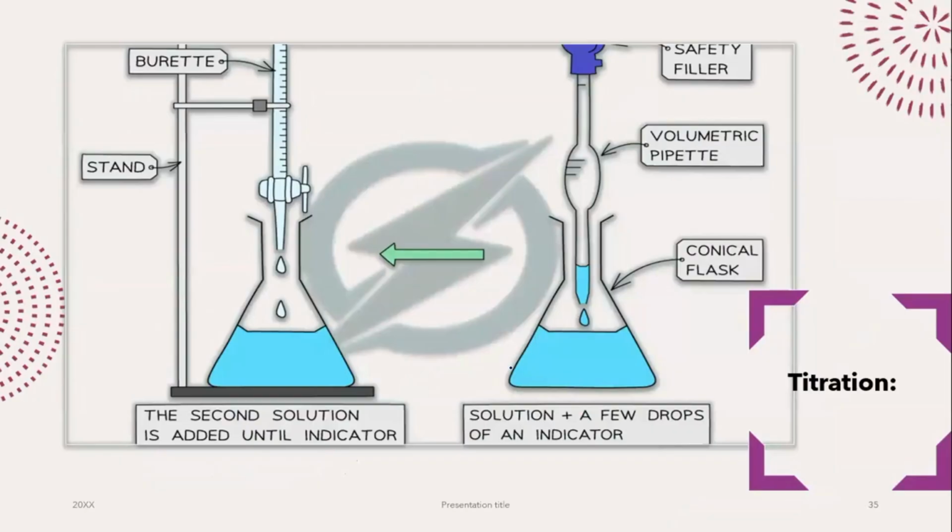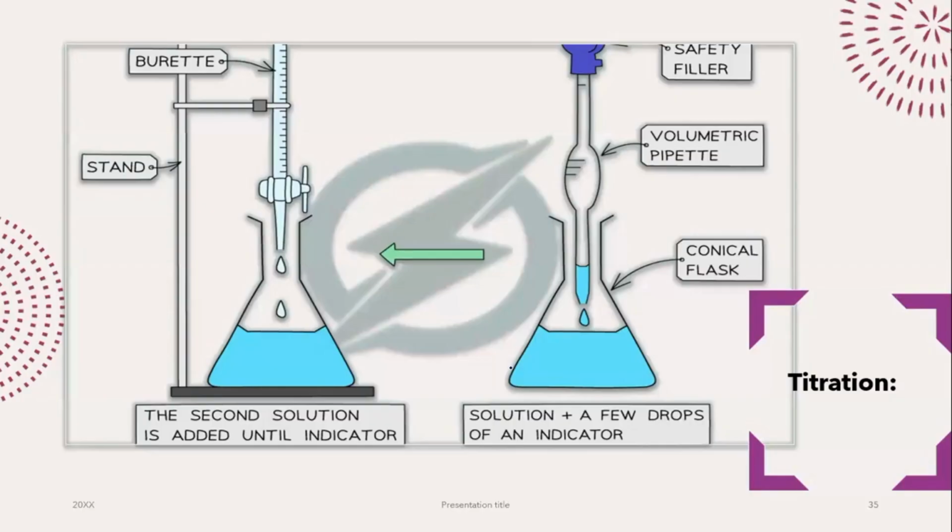We go over how to solve your paper 6 as well, all the experiments that you need to know, for example, identification of salts. So how are you going to identify the salt? We go over that, but we do not have the time for that today, so we will not be covering all of that. But I just wanted to go over the basics of titration, because titration again is really important.